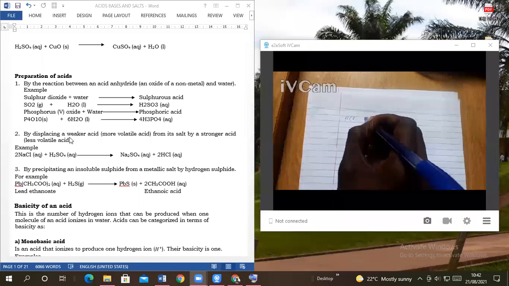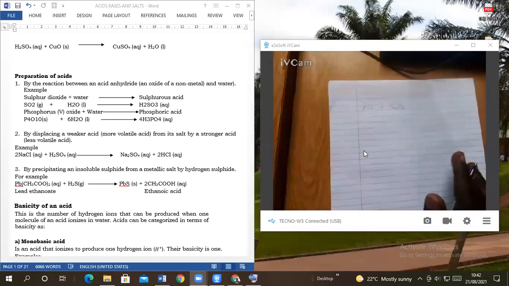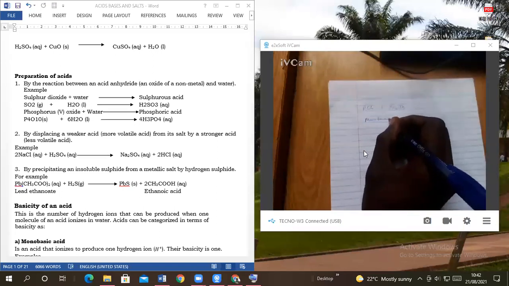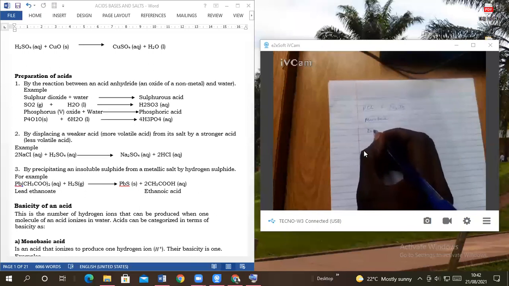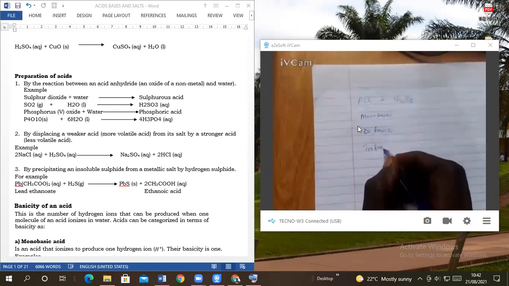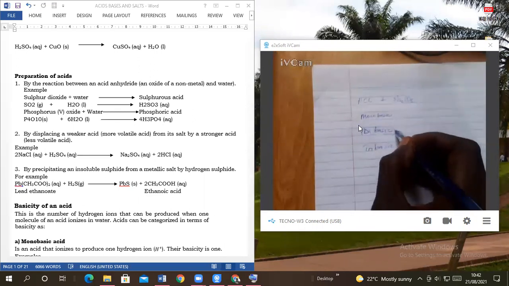So here, displacing a weaker acid, we are going to look at this type of acid. This one is a mono, this one is a di. We have monobasic, and then we have dibasic, and then tribasic. You are going to find out that this one is stronger than this.